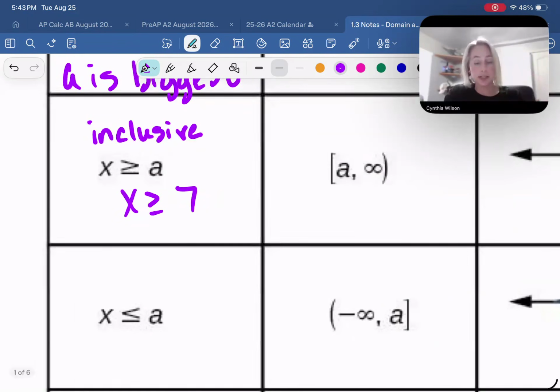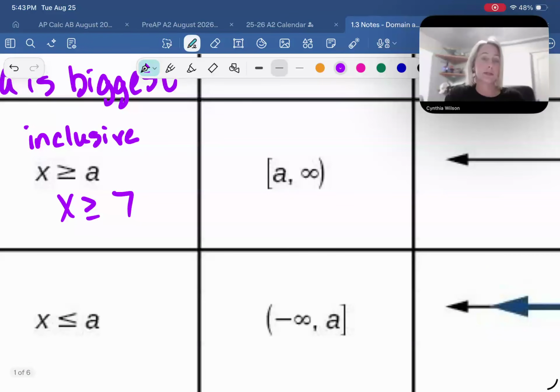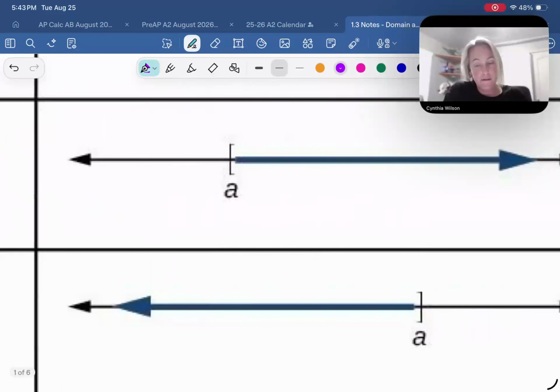Right. So the difference is that instead of a parentheses, you have a bracket. Okay. And instead of a parentheses or a bracket on your number line or an open dot, you have a closed dot.